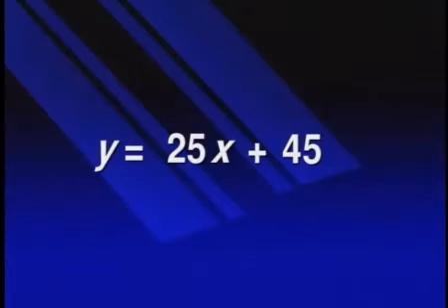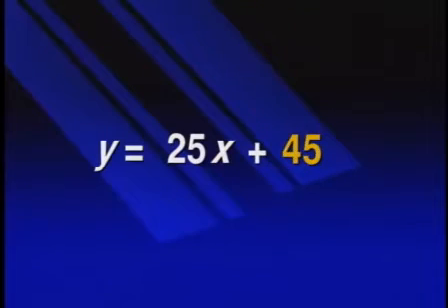So now we've come full circle back to the equation. y equals 25x plus 45. Notice that the slope is the numerical coefficient of x. 25x is called the linear term. And there is another value, and that is 45, that along with the slope determines the line uniquely.